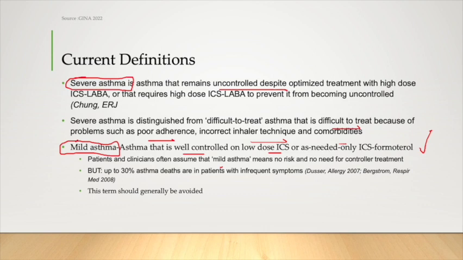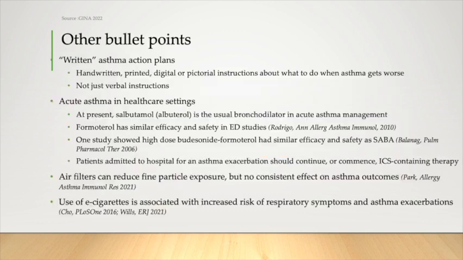Mild asthma means it is well controlled. So do not be over dependent on SABAs, because up to 30% of asthma deaths can occur in patients who have infrequent symptoms, and rather the GINA guidelines say that the term mild asthma may be avoided because it gives a false impression of a milder disease.